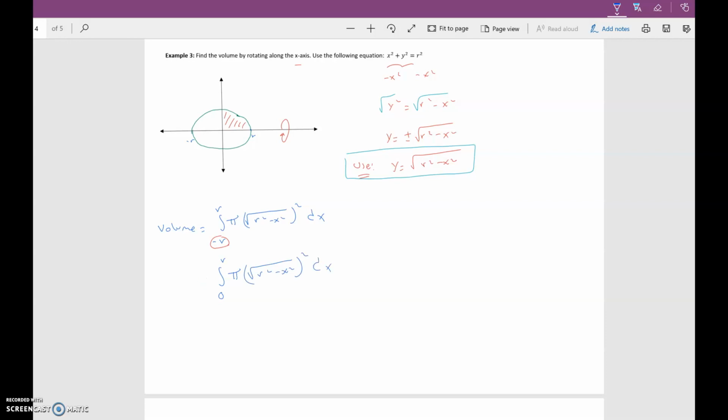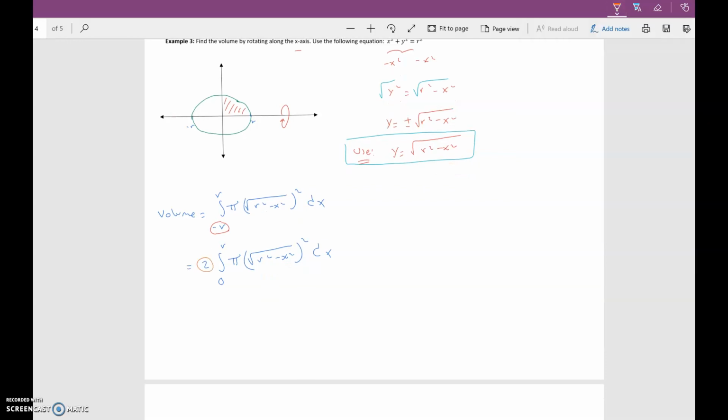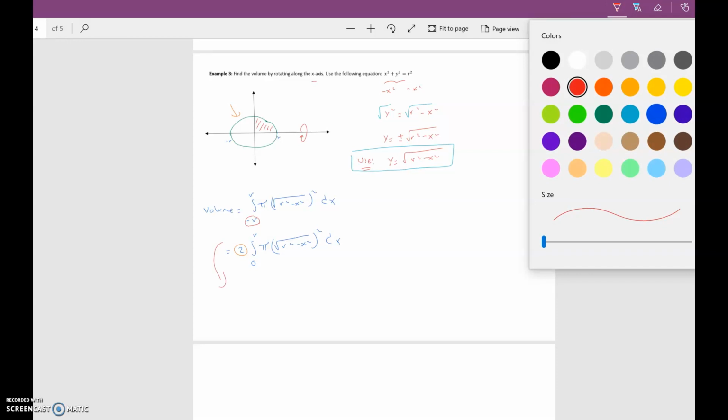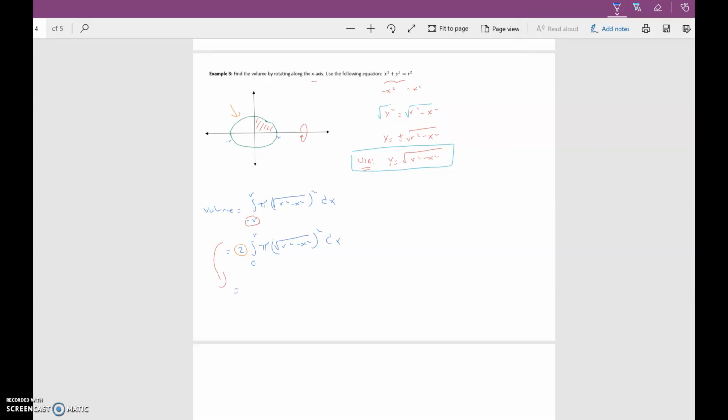But if you're going to use the symmetry, in order to get the same quantity, you're going to have to multiply times 2, and that ensures that you have the other part of the area. So this 2 ensures that portion is taken care of. Let me rewrite it and start simplifying the actual integral.